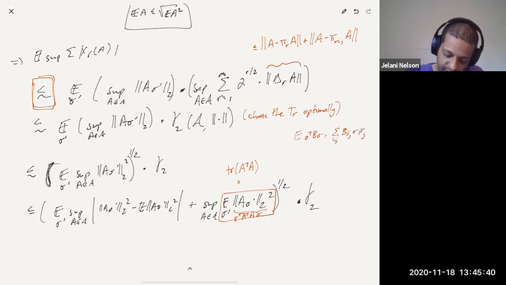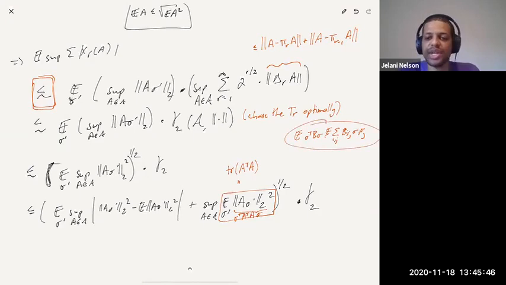If you take an expectation of that, what happens? When i is not equal to j, you get 0 in the expectation. When i equals j, sigma i squared is 1. So the only thing that survives in the expectation is the trace, the diagonal terms, right? So this expectation that's boxed below is the trace of A transpose A, which is just the Frobenius norm squared.